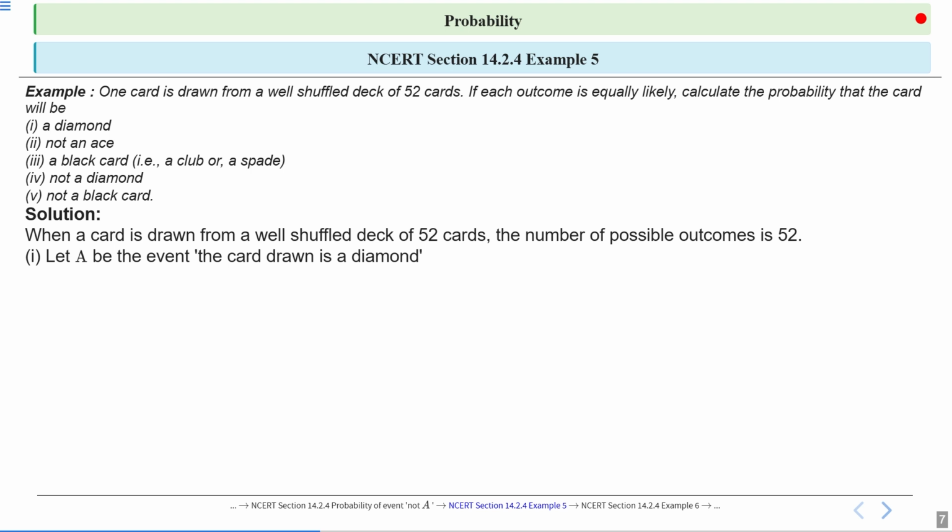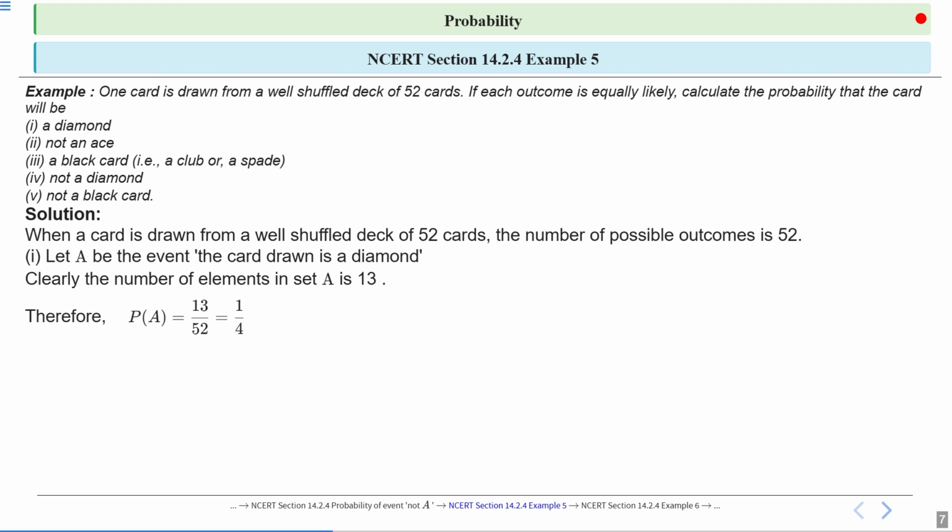Now find how many outcomes you will get which is a diamond. Clearly, the number of elements inside A is basically 13. You all know a well shuffled deck of 52 cards has 13 diamonds. So the number of elements in the set is 13. Clear?